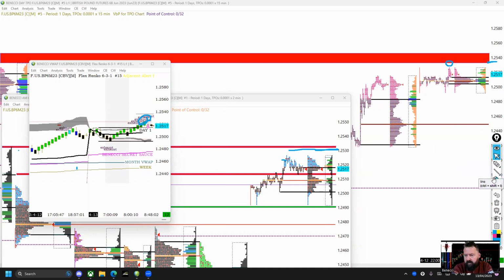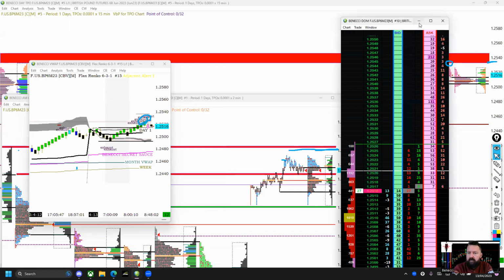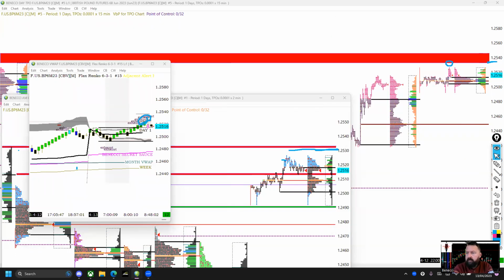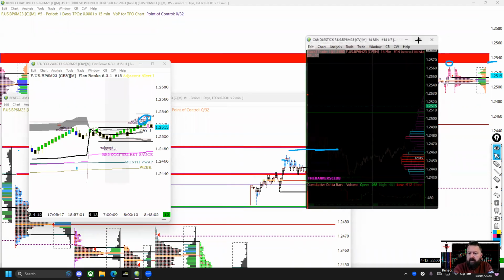Although, look, there's a big resting order there, 25.46, on the historical candlestick heat map. Just pull that over.